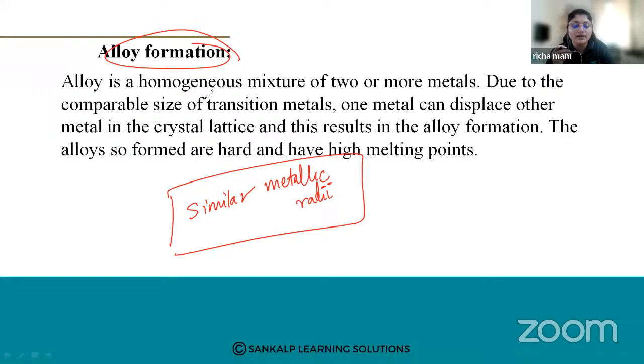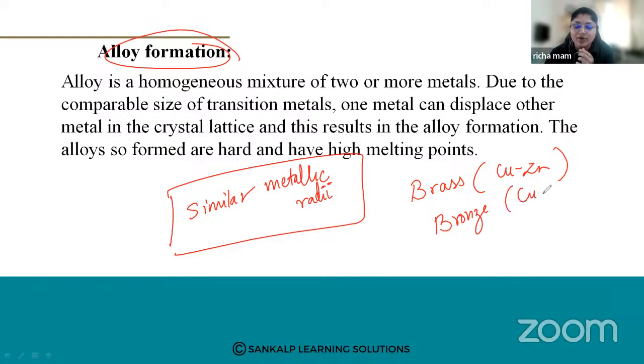Brass is another example of an alloy, formed from copper and zinc. Transition metals can form alloys with non-transition metals also. Bronze is another example, where copper and tin form a homogeneous mixture to form the alloy.